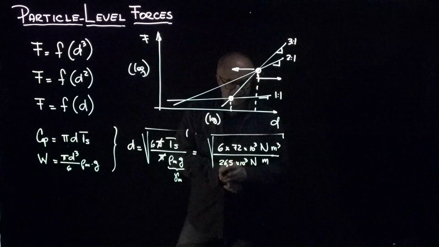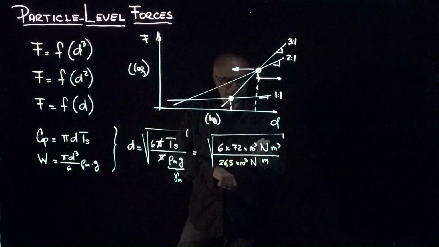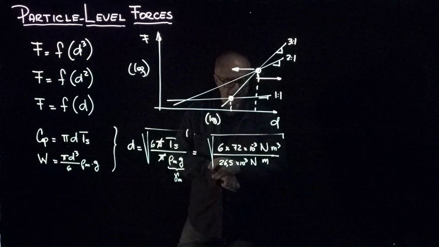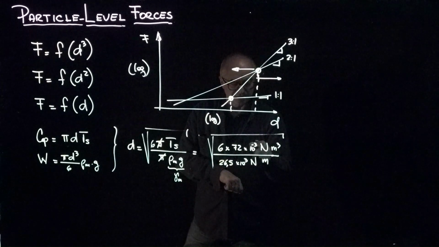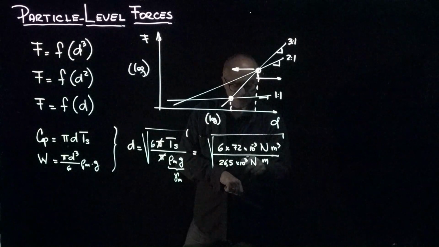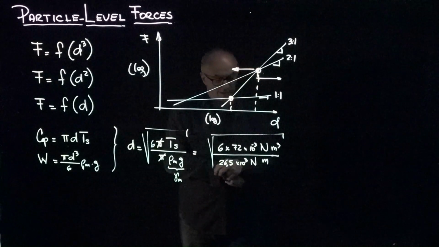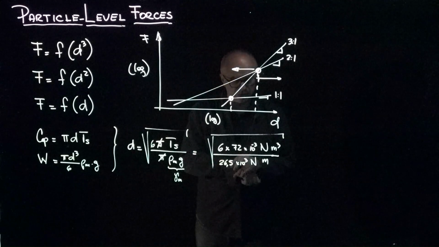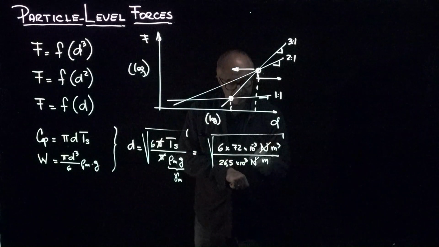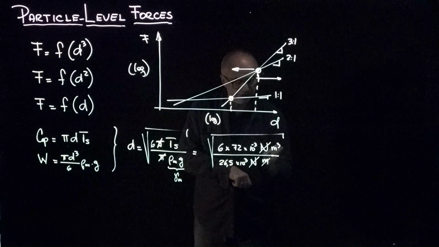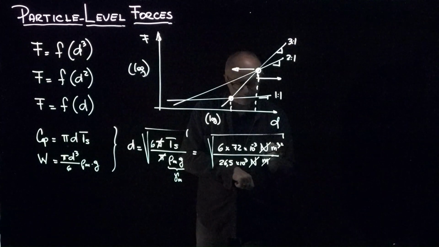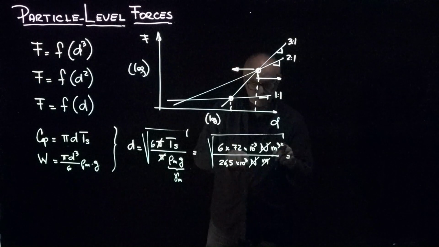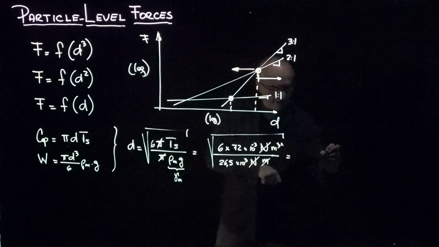So let's cancel a few things here. This is millinewtons, so this was a minus 3. The 10 to the minus 3 in the numerator, with the minus 3 coming from the denominator, is minus 6, goes out to minus 3, and the meter squared goes out as a meter, and therefore this is going to be 10 to the minus 3 meters, which is in millimeters.